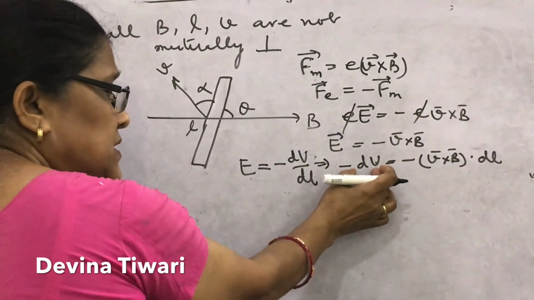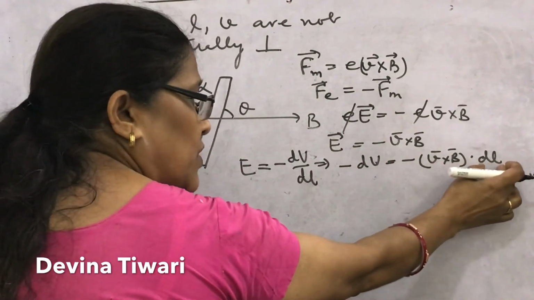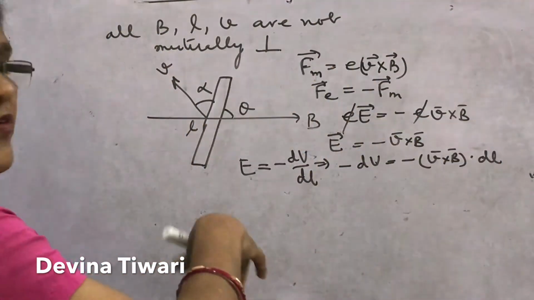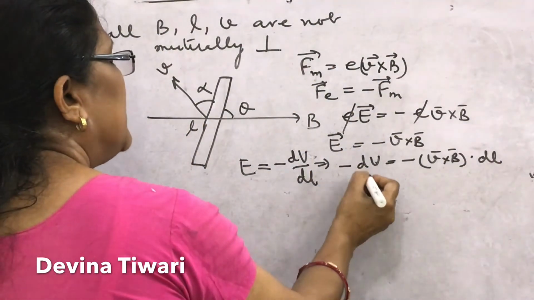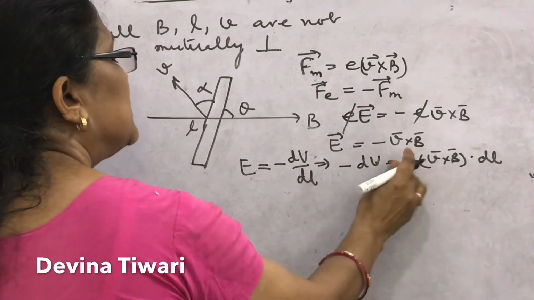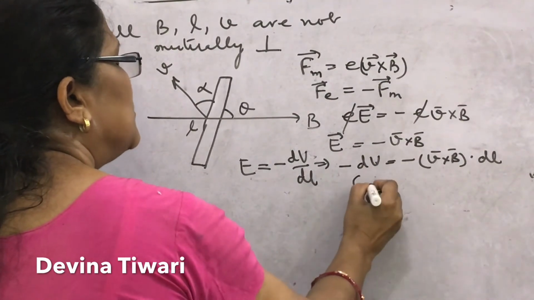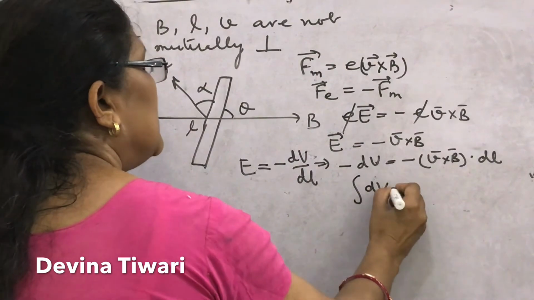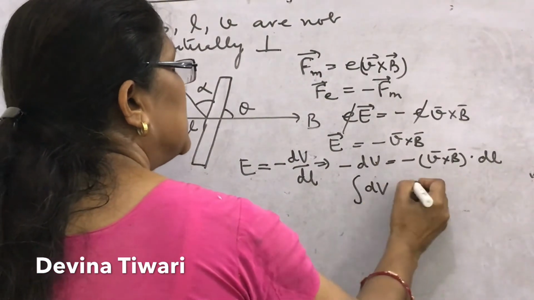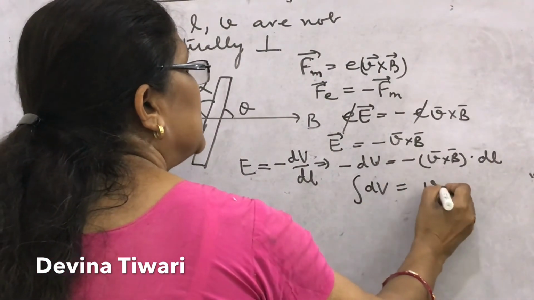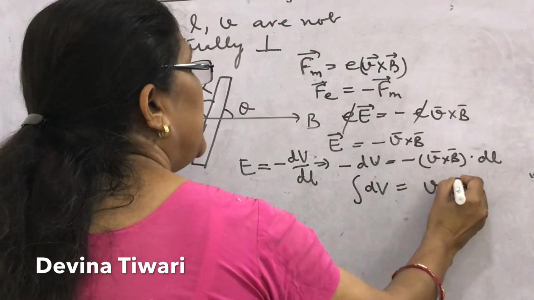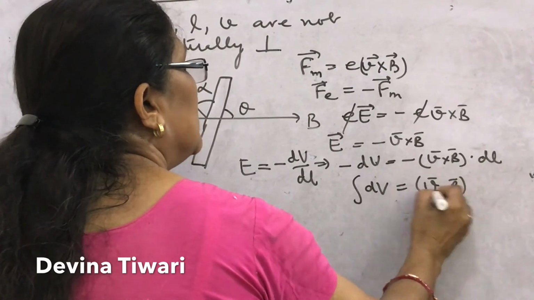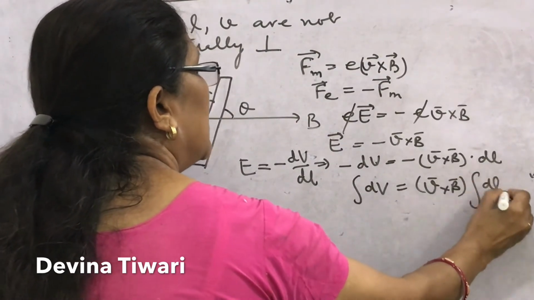This is a small potential difference for a smaller length; we can integrate for the whole length. So integrating, what will you get? The minus minus will be cancelled, so minus dV becomes integration of dV, and here V cross B with integration of dl.